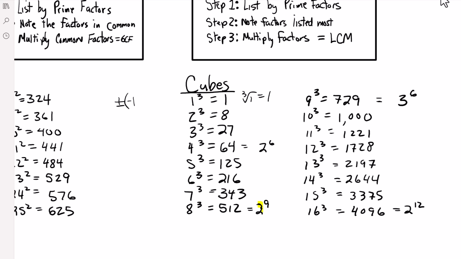So the cube root of positive 1 is 1. The cube root of negative 1 is negative 1. And same with the rest of it. You can take the cube root of negative 8.